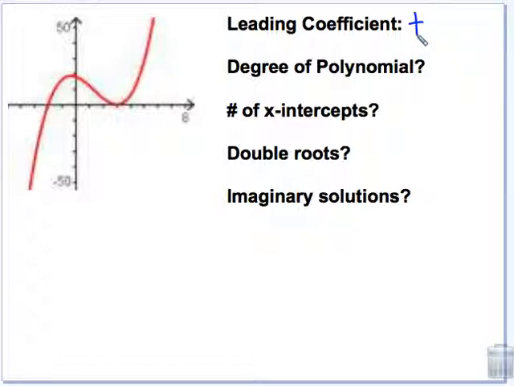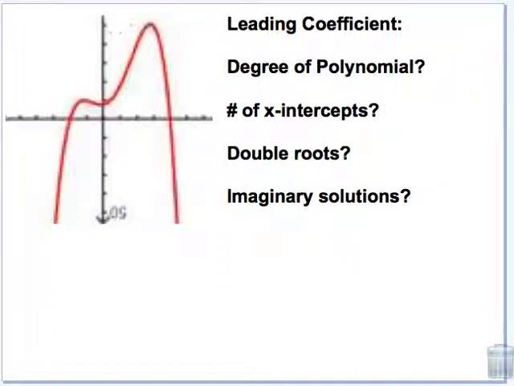I have 2 bends, so my degree is 3, which means I should have 3 solutions, but I only have 2 x-intercepts. And notice this x-intercept right here. Because the graph hits the x-axis and then bounces off, that means I have a double root right there. So I have one double root, and I have no imaginary solutions.